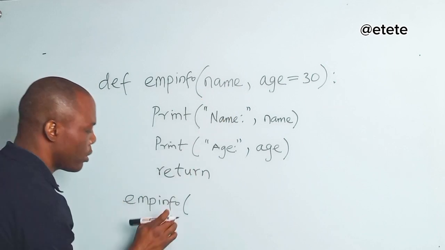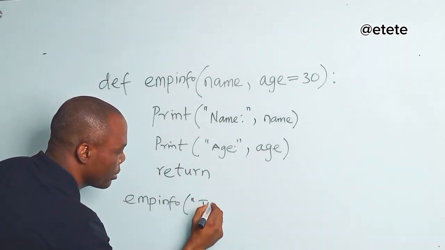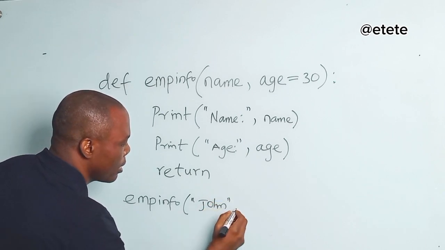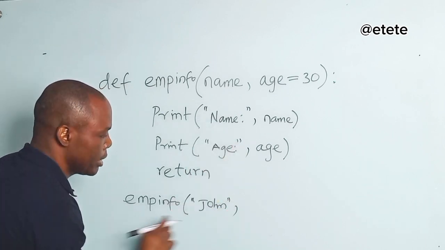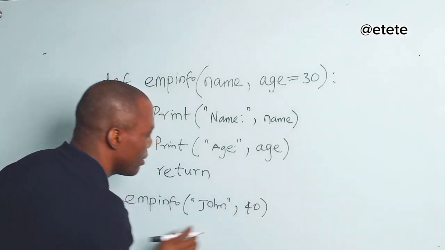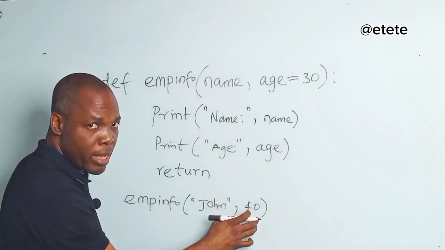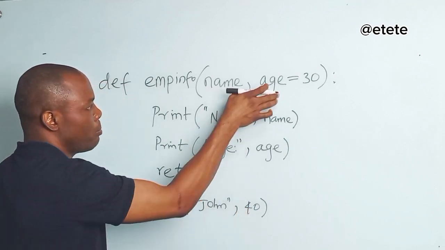So the first one is what? Name, which is what? I'm going to supply John, right? Then comma, which is age. Now I'm going to supply 40, right? So this is the first function call that I've made, and I've supplied these two arguments to the function, which is going to pass to this.